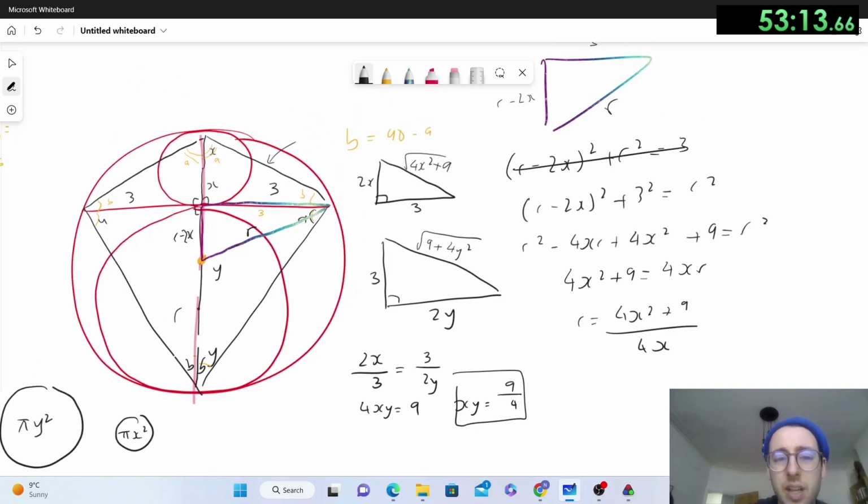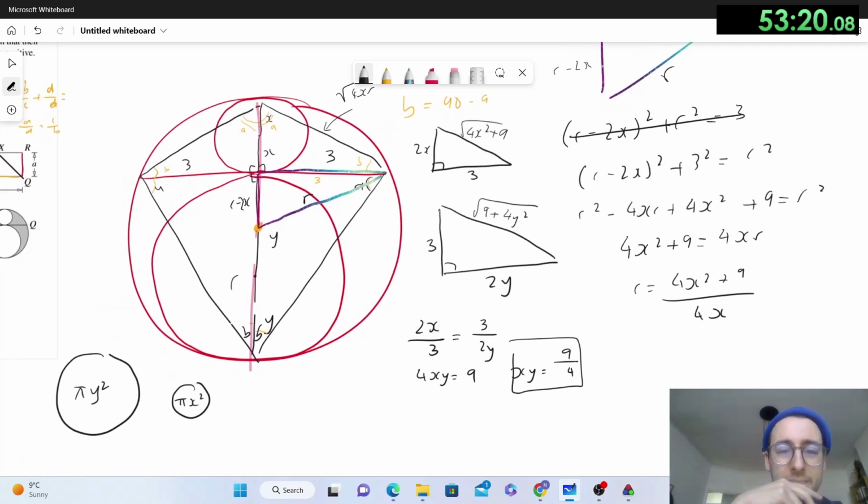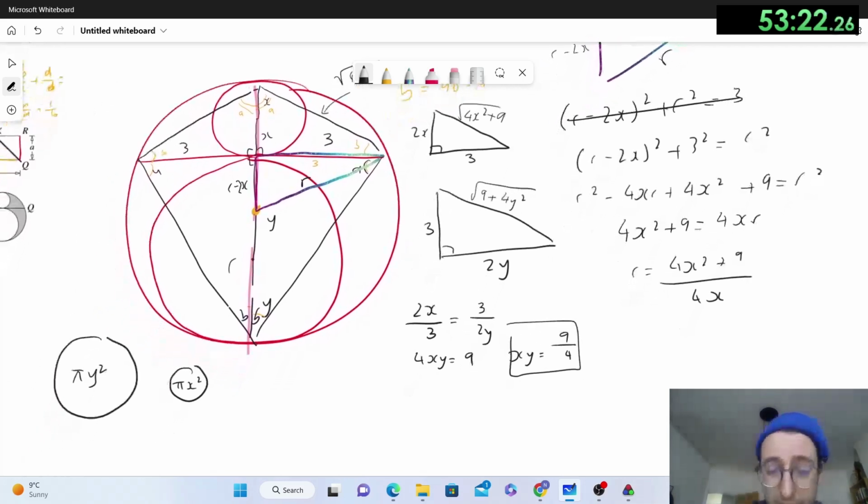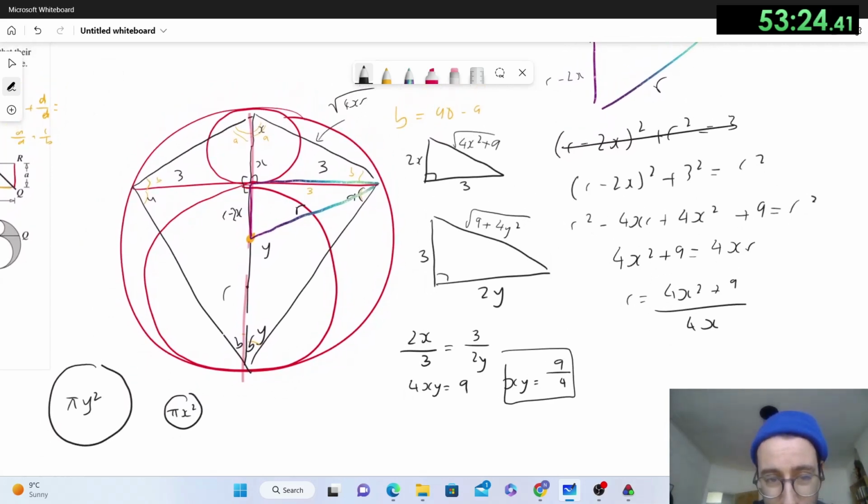Like this length up here, because of this, is the square root of 4xr. But that doesn't help me. I feel like this triangle, but what's this triangle even giving me? I'm running out of time.